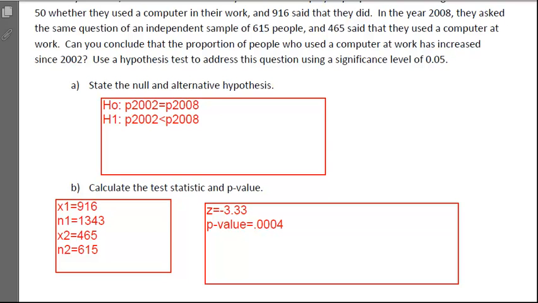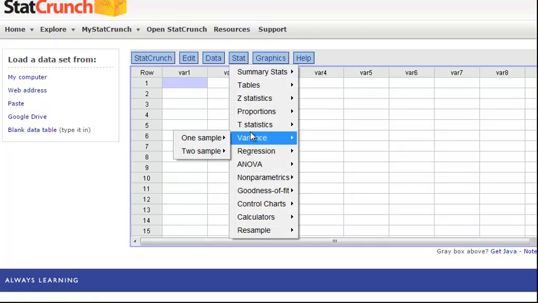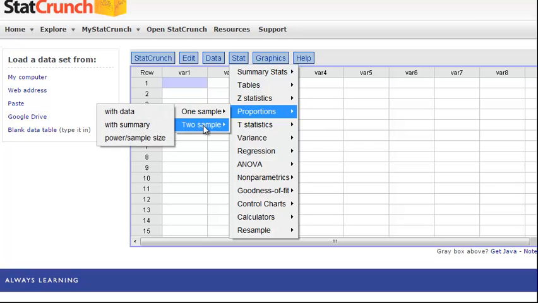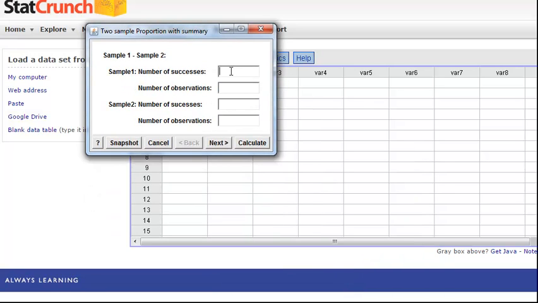And then we'll go ahead and do it in StatCrunch because it's just as easy to do in StatCrunch. And what you want to do is go to Stat and then Proportions, and we're doing a 2 sample. And when we don't have data in the spreadsheet, it's always with summary. And then we just enter the same numbers. So 916, 1343, 465 and 615.